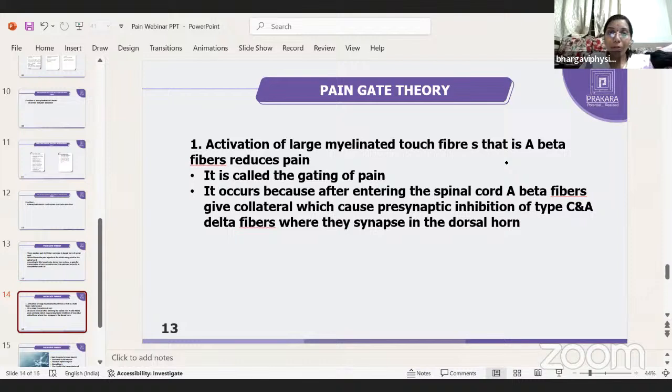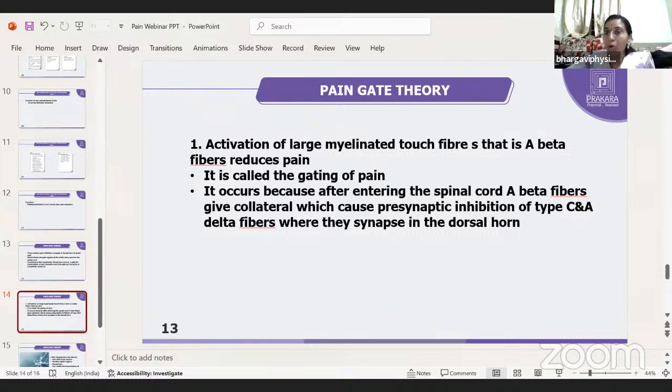It occurs because after entering the spinal cord, A beta fibers give collaterals to our pain fibers, meaning C fibers and A delta fibers. Through presynaptic inhibition, the transmission of the pain signals from the spinal cord dorsal horn upwards to the cortex is going to be prevented.